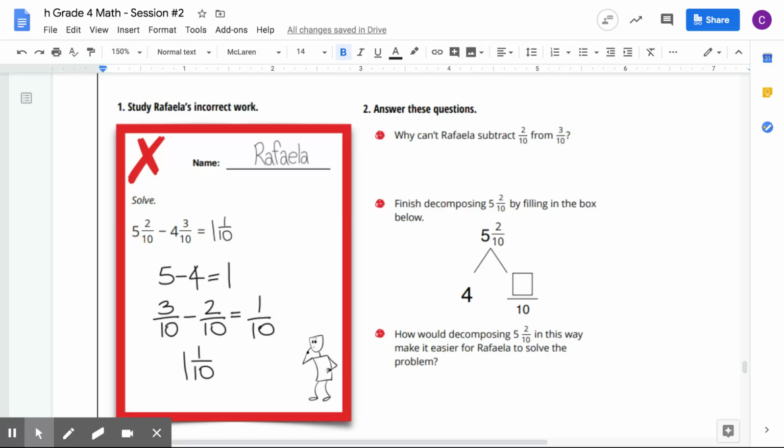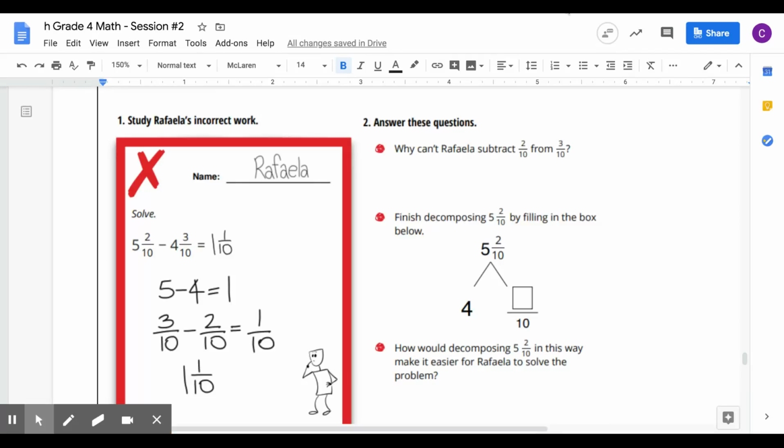So there's 2 tenths left over, which we see here, but there's also 1 whole left over. So we can represent that by saying 4 plus 1 and 2 tenths equals 5 and 2 tenths. Because 4 plus 1 equals 5 and 2 tenths is represented here. So you can note that here.